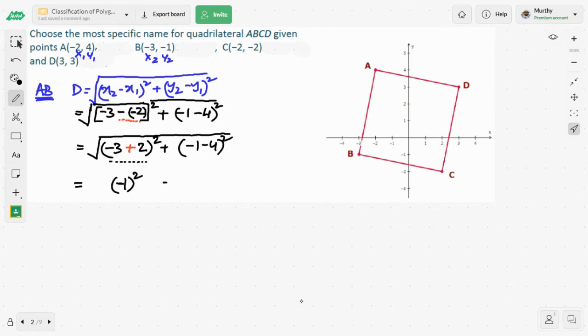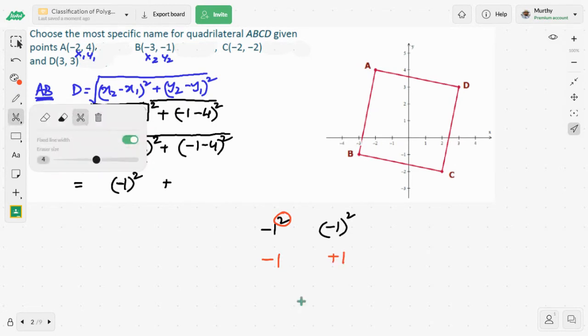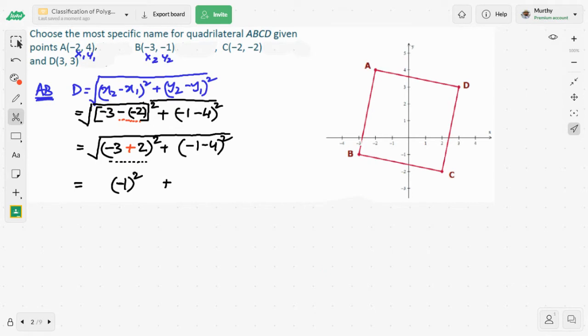In my previous class I mentioned please use parentheses for negative 1. Otherwise, -1 squared and (-1) squared give two different answers, because without parentheses the square belongs only to the 1. With parentheses you should get +1. I explained this in my previous class, so let me not go deep into that.